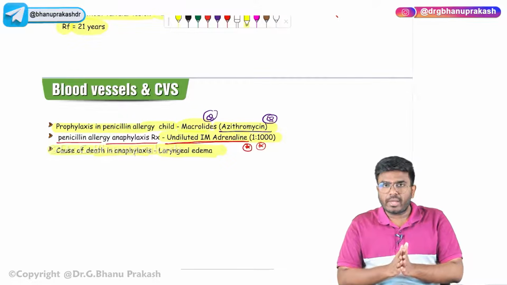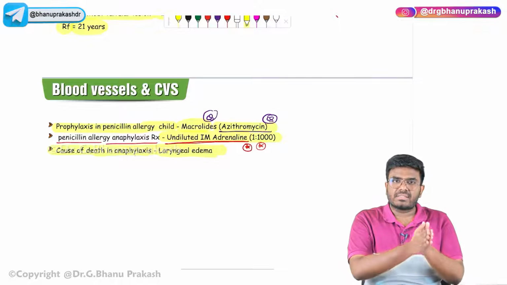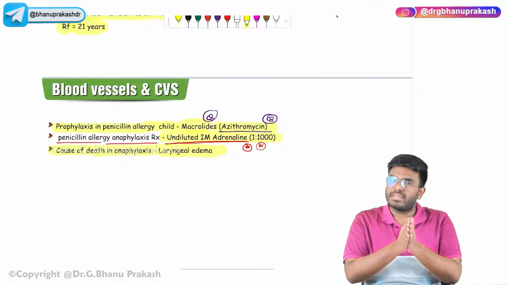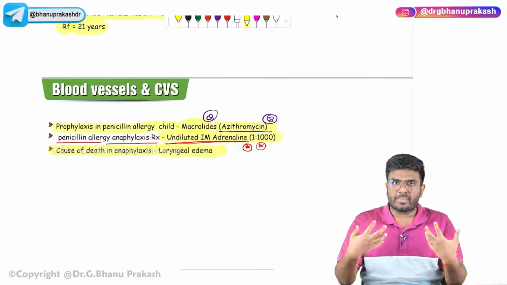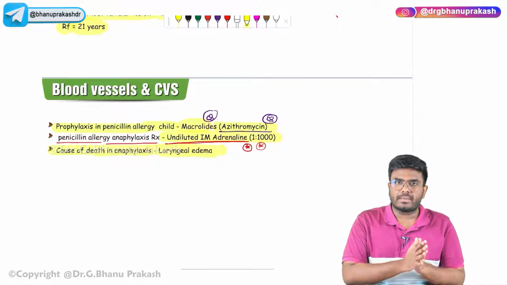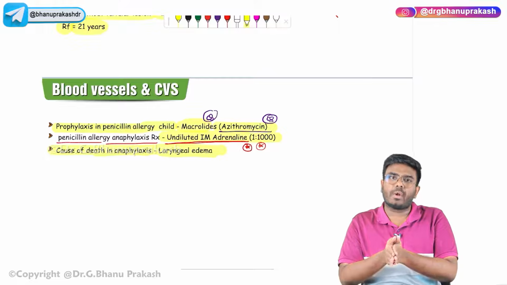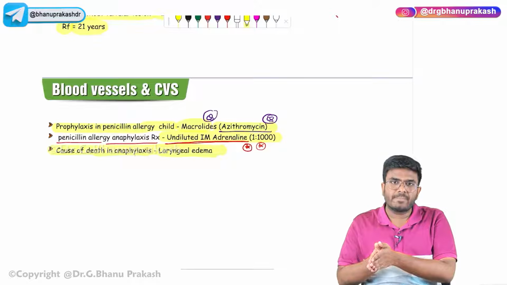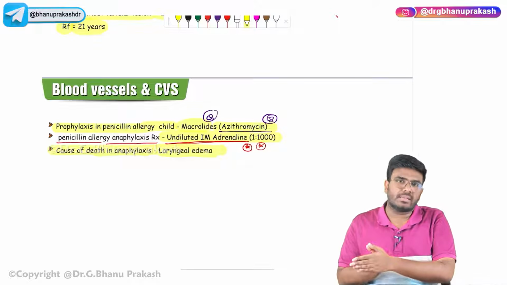So what I am trying to put into your mind is simple. Prophylaxis is done with intramuscular benzathine penicillin. If the patient has an allergy to benzathine penicillin, then the next best antibiotic you can choose for prophylaxis is a macrolide, that is azithromycin.